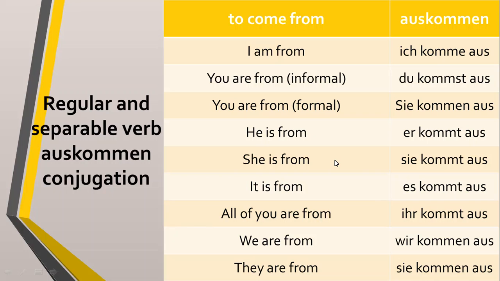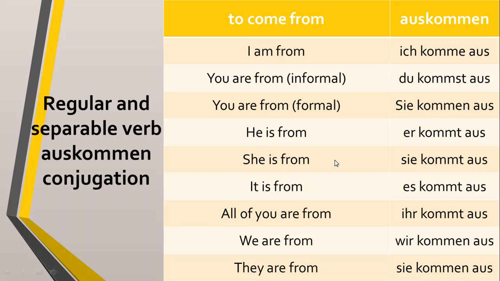So, this brings us to the third category of German verbs after a regular verb like heißen and an irregular verb like sein. We can have a verb that is separable. And interestingly, the verb can be both regular and separable, as this example, auskommen. So, what do I mean by separable?